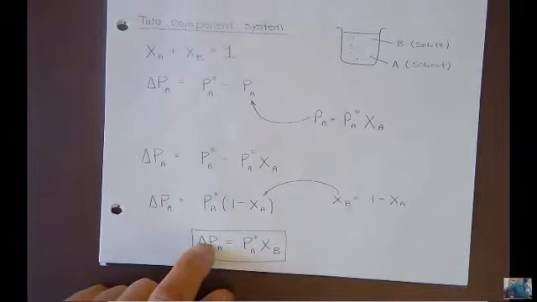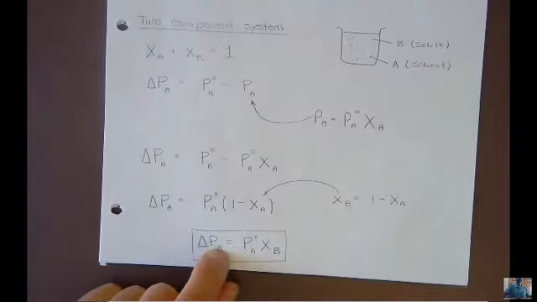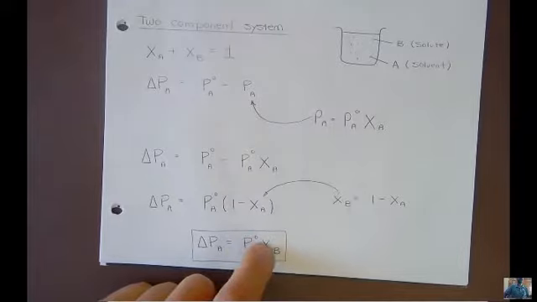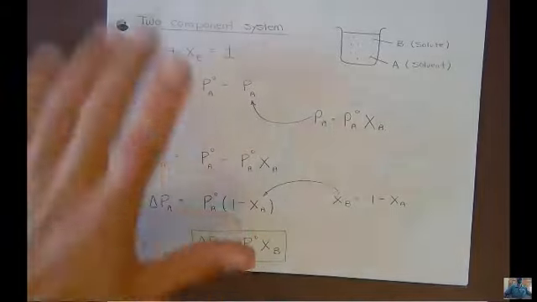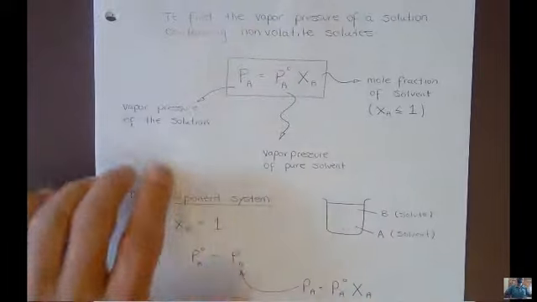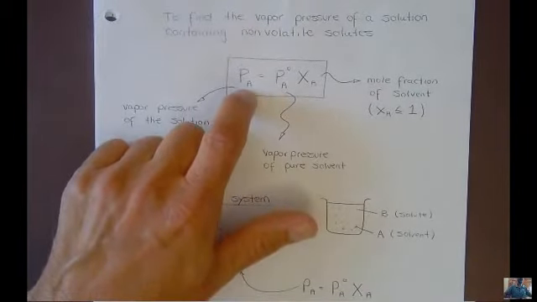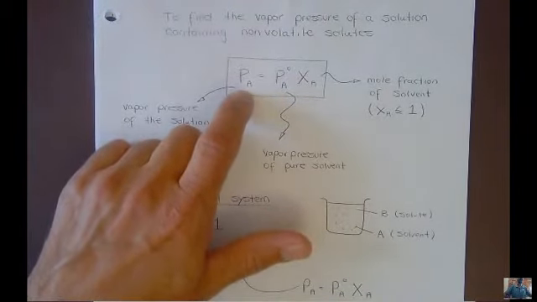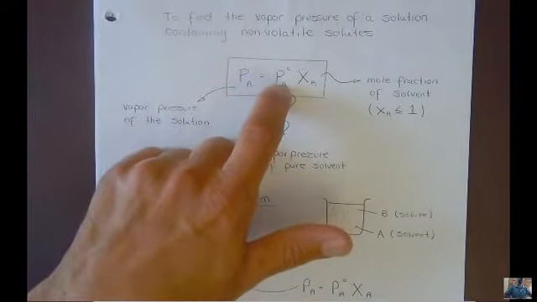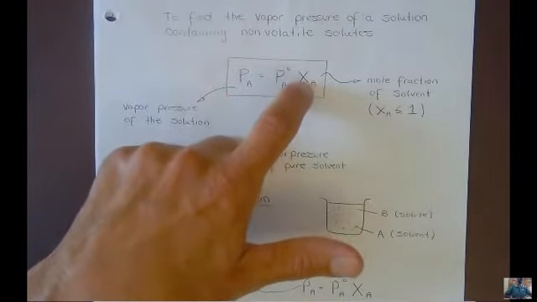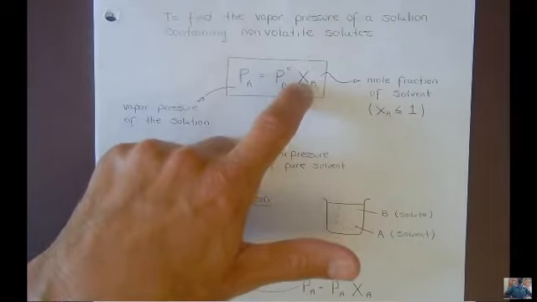If I want to calculate how much the vapor pressure is lowered, I take the vapor pressure of the pure and multiply it by the mole fraction of the solute. If I want to calculate what the vapor pressure is, not how much it's been lowered, I take the vapor pressure of the pure and multiply it by the mole fraction of the solvent.